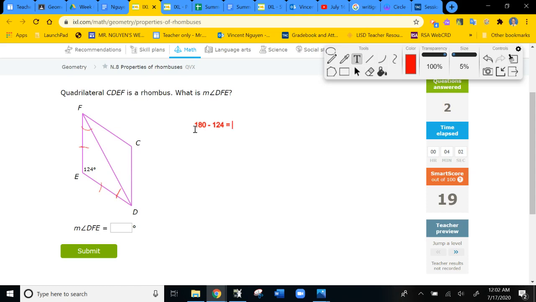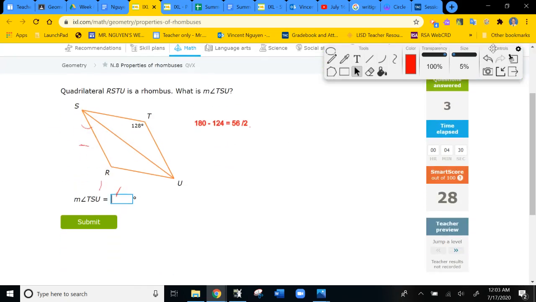So 180 minus 124 would give us 56, right? And then we take 56 and divide it by 2, we get 28. Okay, so I'm going to say that angle is 28 degrees. Yay. Okay, my mental math didn't fail me. It took a minute there, but okay.